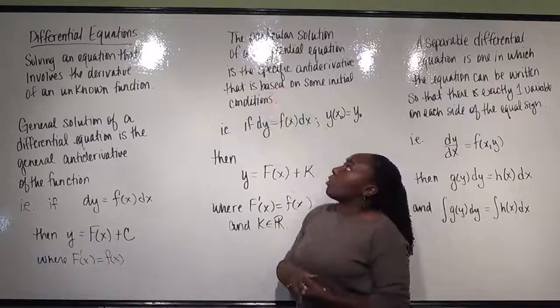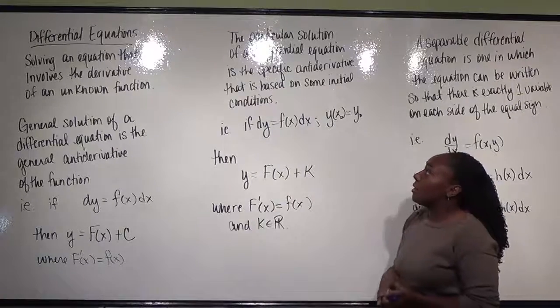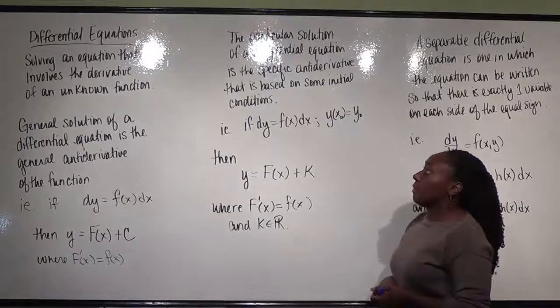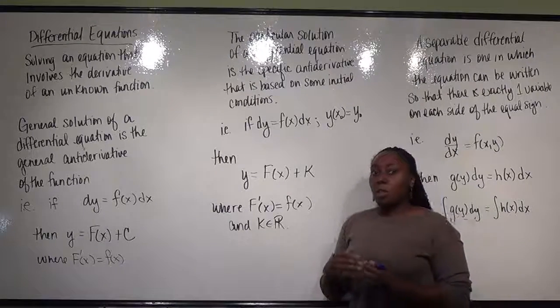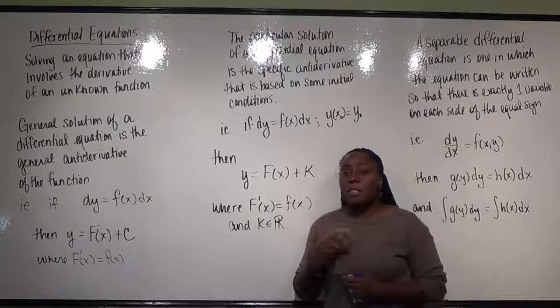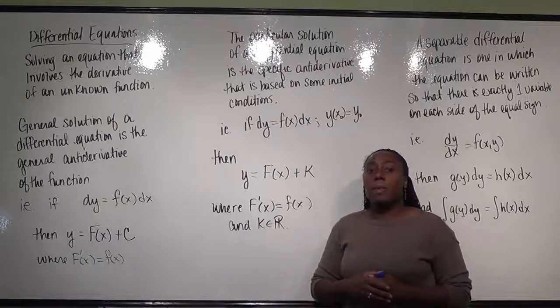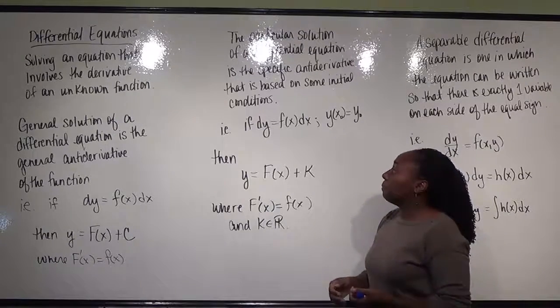The particular solution of a differential equation is a specific antiderivative that is based on some initial conditions. And so this is a little bit more like what we did with definite integrals.